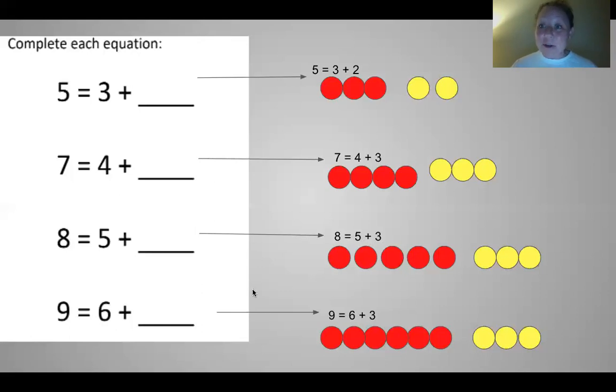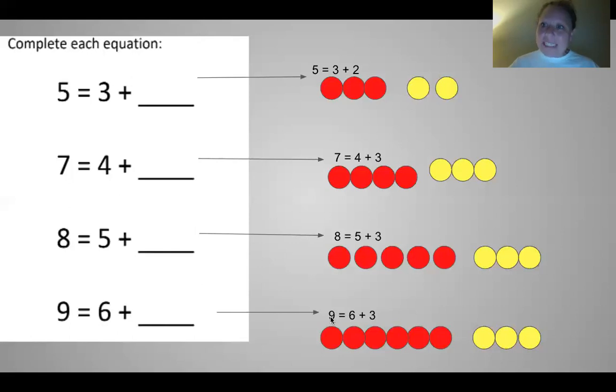Last equation we're going to do on this slide. Read the equation with the blank. Are you ready? 9 equals 6 plus blank. Now I know that I have 6. It tells me right here on the equation, and I know I'm going to add something to it, and I know at the end I'm going to have 9.